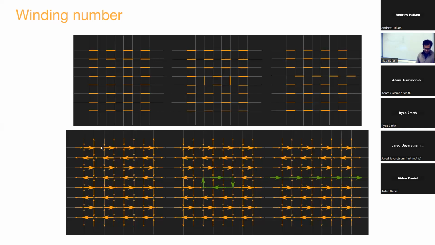With that, you get a set of fluxes that go from one node to another, and the condition that there is exactly one dimer connected to each vertex is equivalent to the condition that the divergence of this flux field is 0.